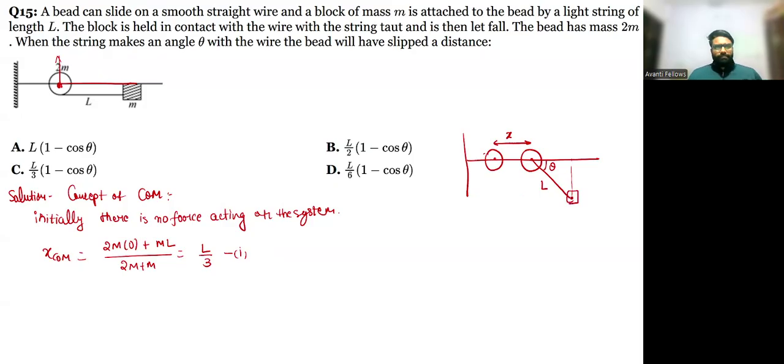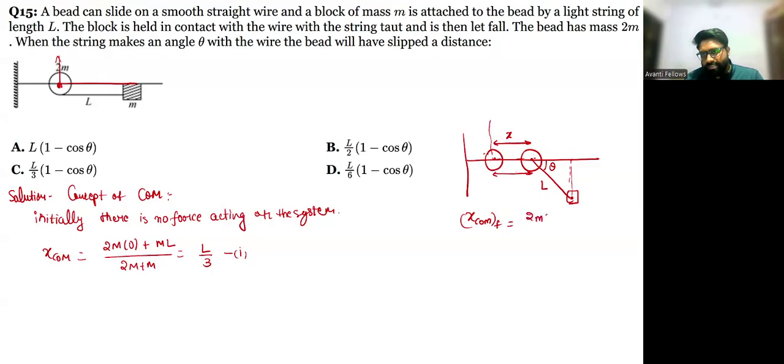Now the final center of mass: this is the initial position, so from this origin, the mass 2m has shifted a distance x.